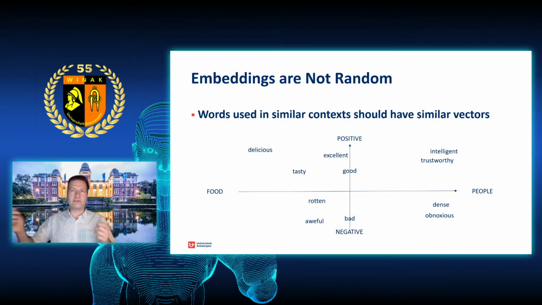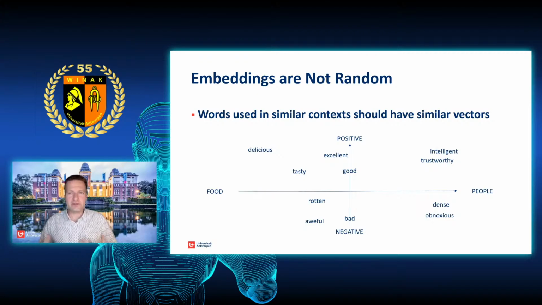Then I can put the words on this scale using background knowledge. For instance, the word lead is something you usually do not say about people, but more often about food, and it's a positive word. Intelligent: I've never seen an intelligent banana. This is something you say about a person and not a fruit. Good and bad can be used for both people and food, and that's why they're in the middle.